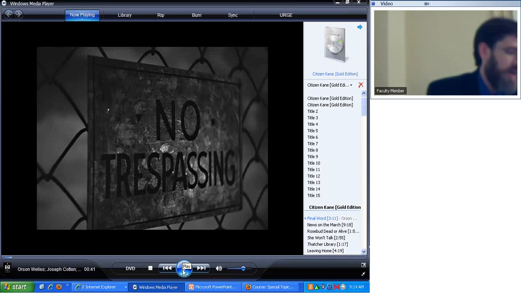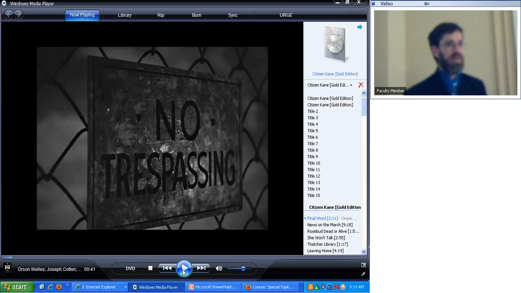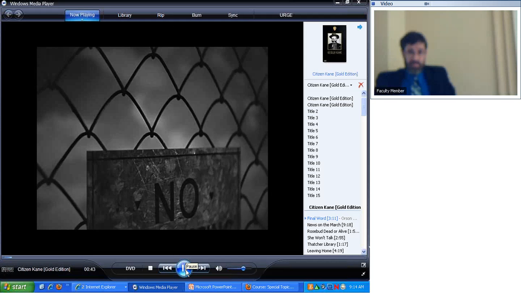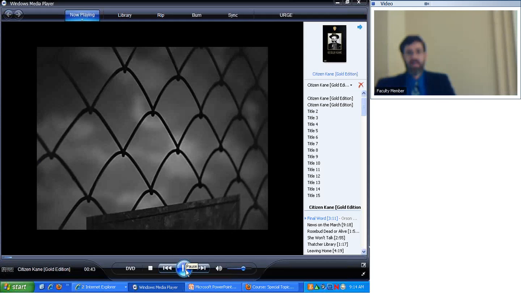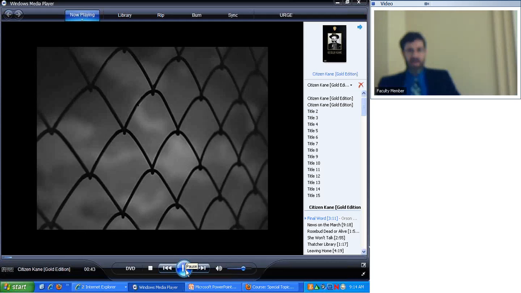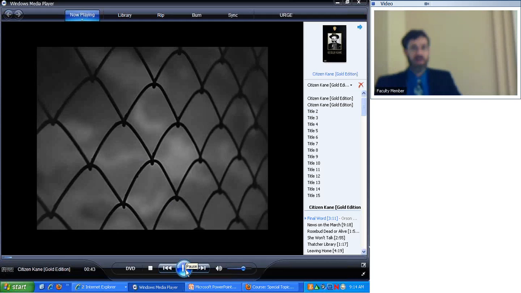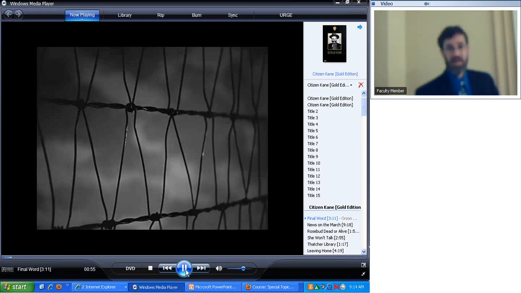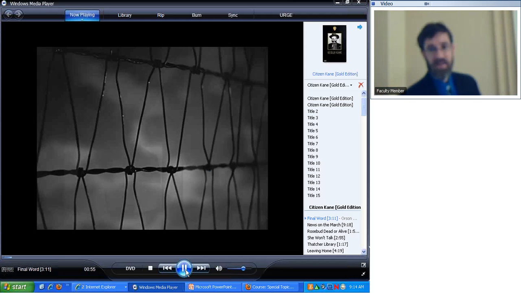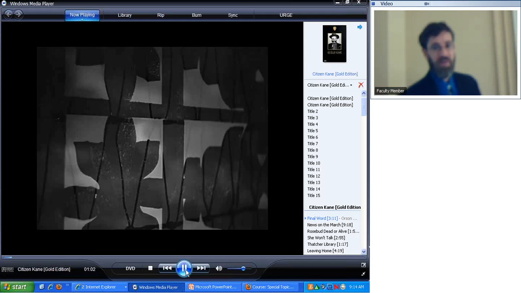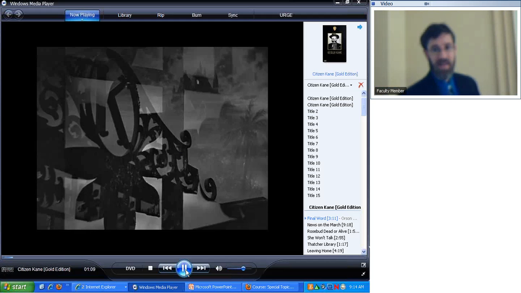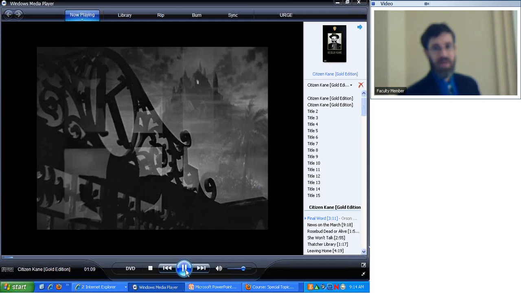Some of the terms that I went over at the beginning of the class, extradiegetic sound, right? Now, I want you to think about camera technique. We're panning up, right? Very slowly and ominously. And you see this, you're looking through a barbed wire fence. You're looking through a fence. And then you have this huge castle in the background.